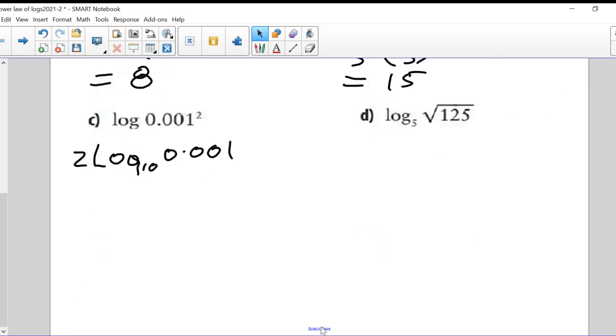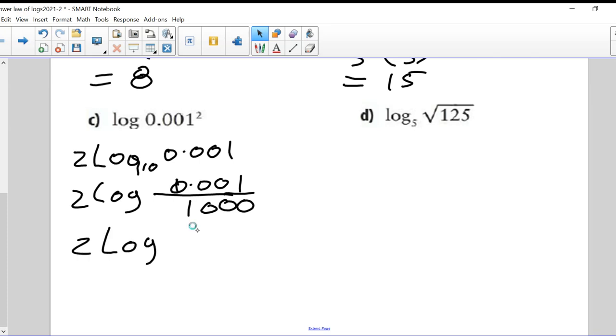And I remind you what my primary school teacher taught me, that if I want to make that into a fraction, it would be 1 for the decimal point, and then 3 zeros after that. So it's really the same thing as the log of 1,000.